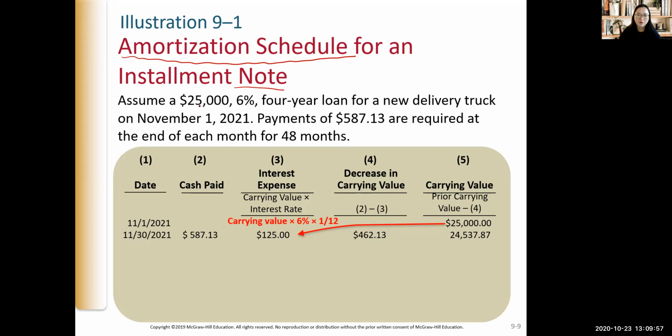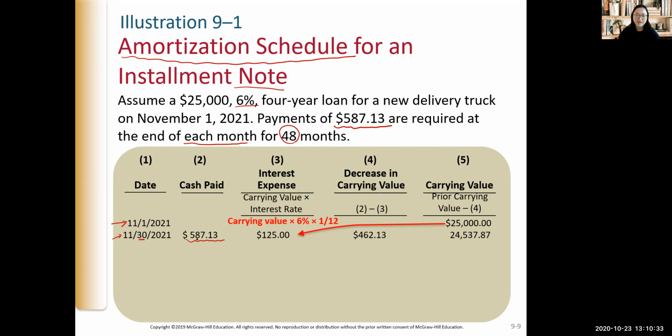So assume that you borrow $25,000 at 6% for a 4-year loan for a new delivery truck on November 1st, 2021. Payments of $587.13 are required at the end of each month for 48 months. Okay, so on November 1st, 2021, you got a deposit from a bank for $25,000. And then at the end of each month you are paying $587.13.